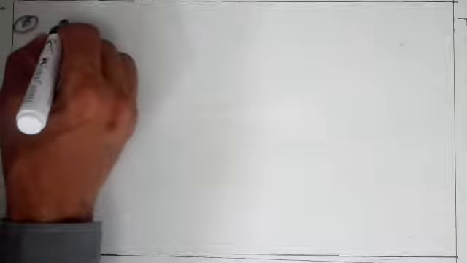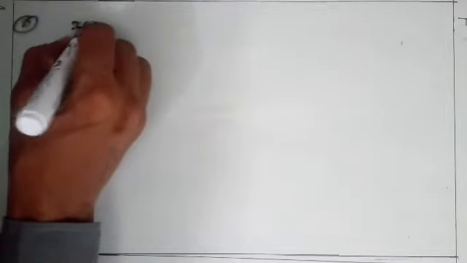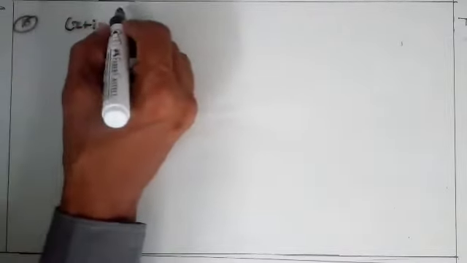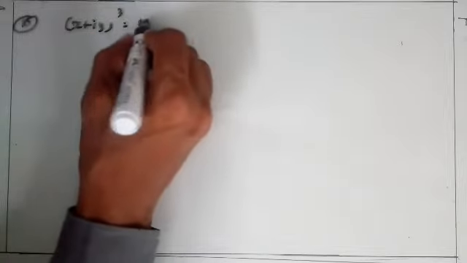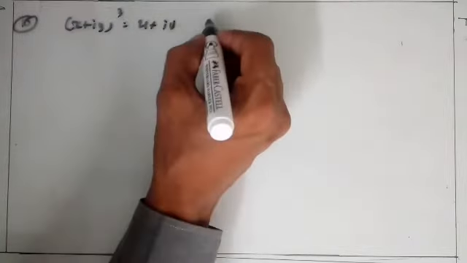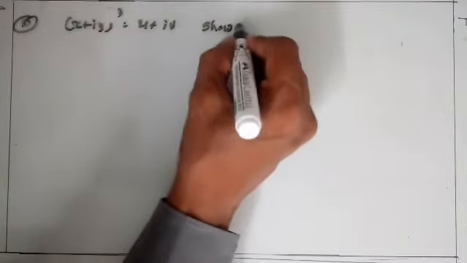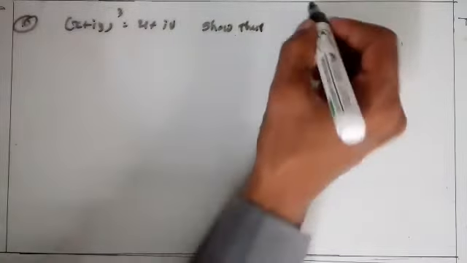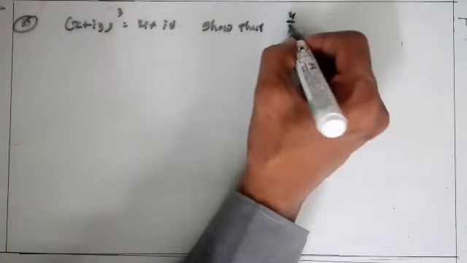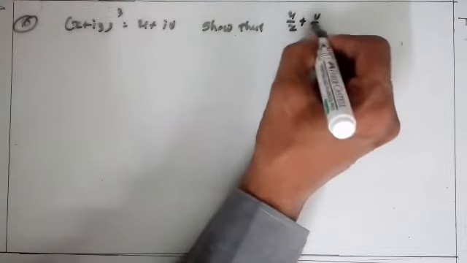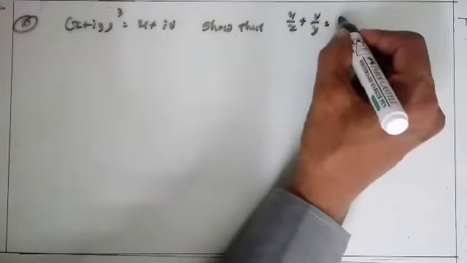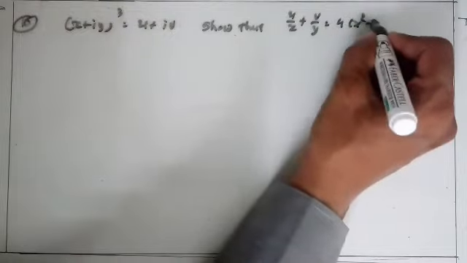Now question number 16, most important question. If (x plus iy) raised to 3 is equal to u plus iv, then show that u upon x plus v upon y is equal to 4 times (x square minus y square).